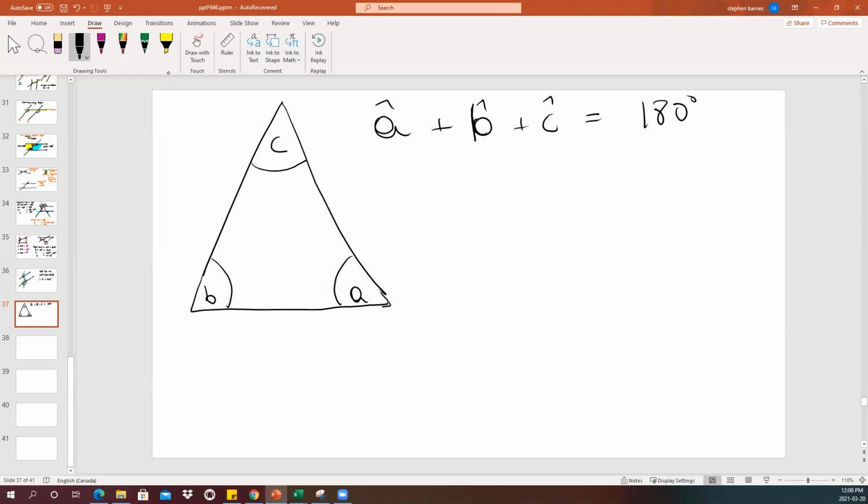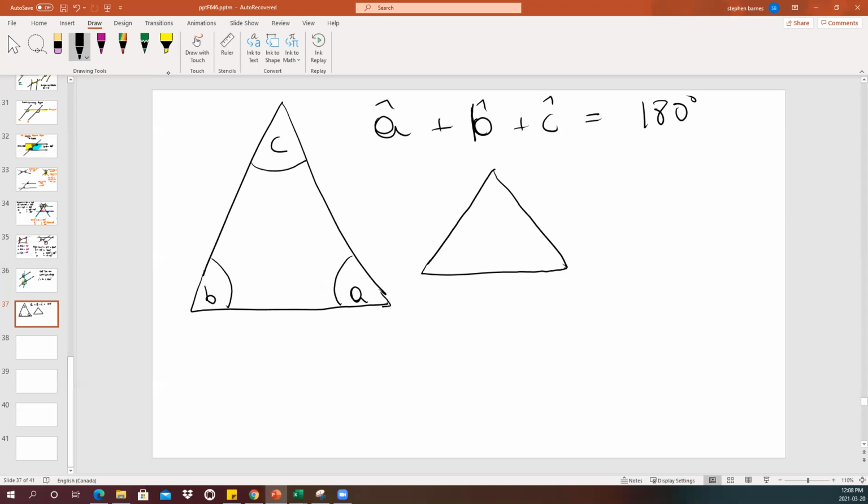So let's take a triangle. Remember, the general rule doesn't change. The three angles in a triangle must always sum to 180.